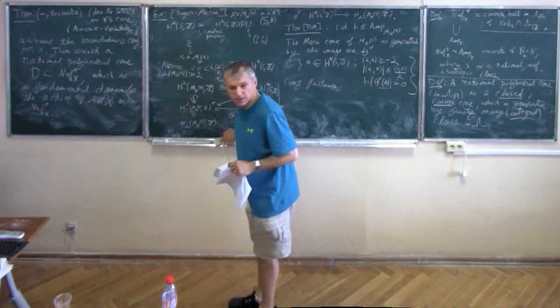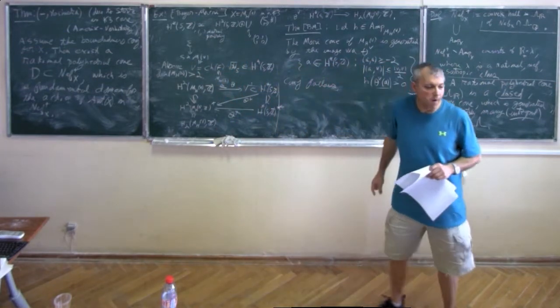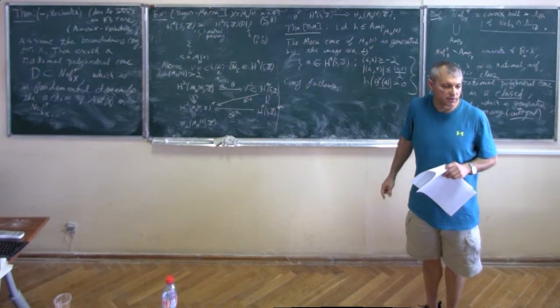Okay, so our notion is that automorphisms have finitely many orbits on the set of faces of the cone.